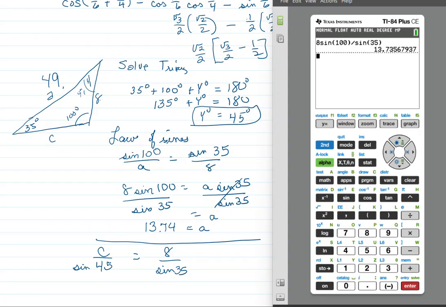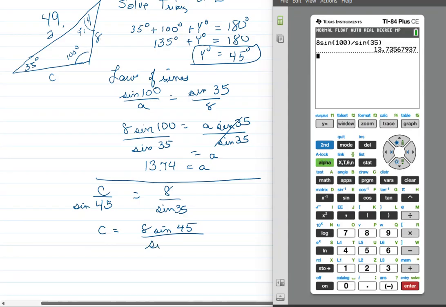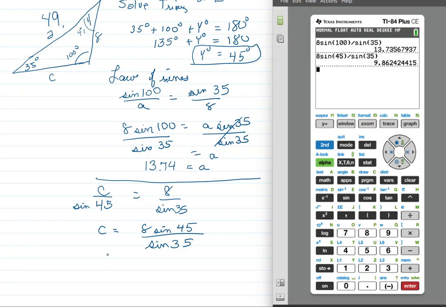It's 8 sine 45 divided by sine of 35. Now remember to close your parentheses. That's the only thing that will make you have an incorrect solution. Carelessness, right? Details. And we're going to have C is approximately 9.86.